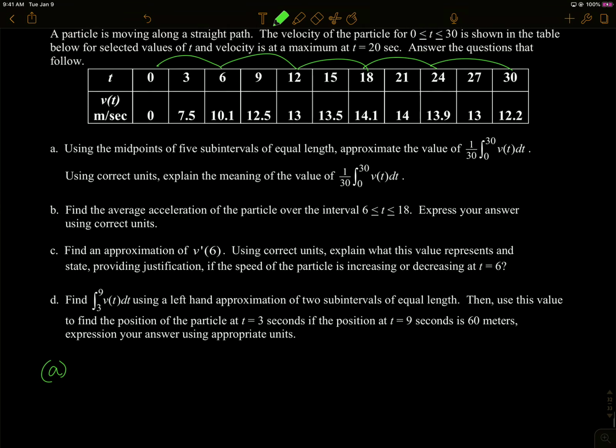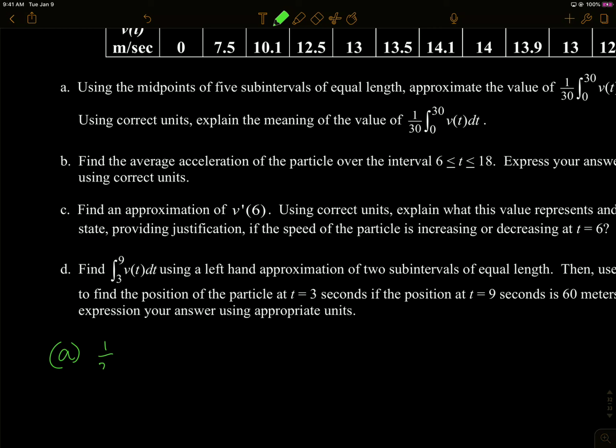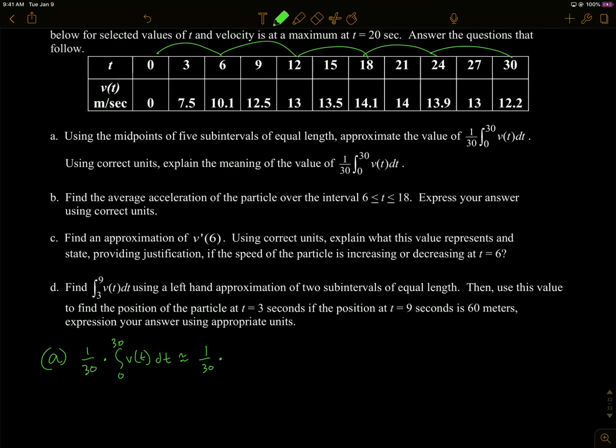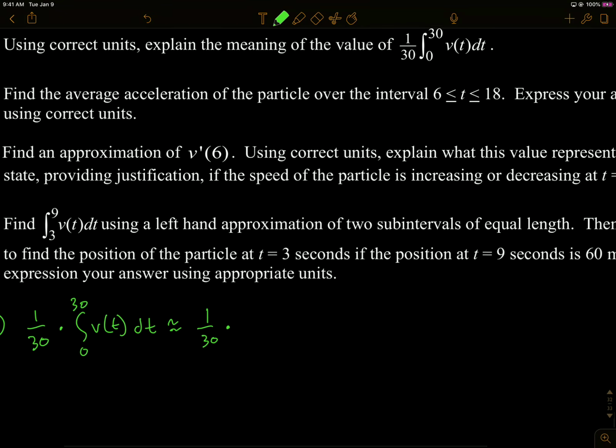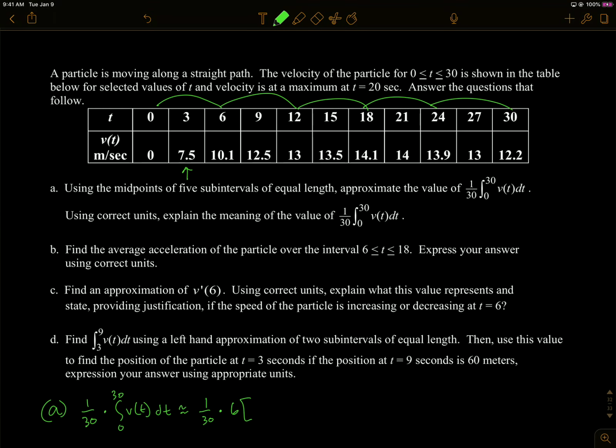Okay, so here we go. 1 over 30 times the integral from 0 to 30 of v of t dt can be approximated as 1 over 30 times. Our widths are always 6, so we're going to be times 6, and then each height, and we're using the height at the midpoints.